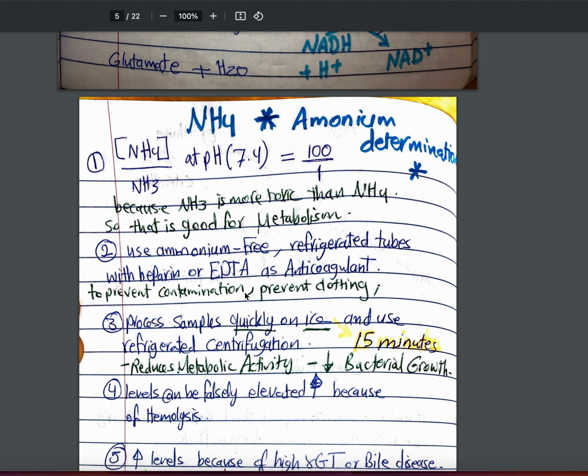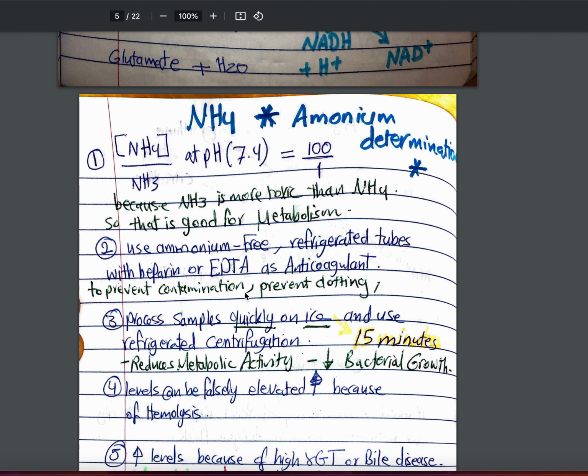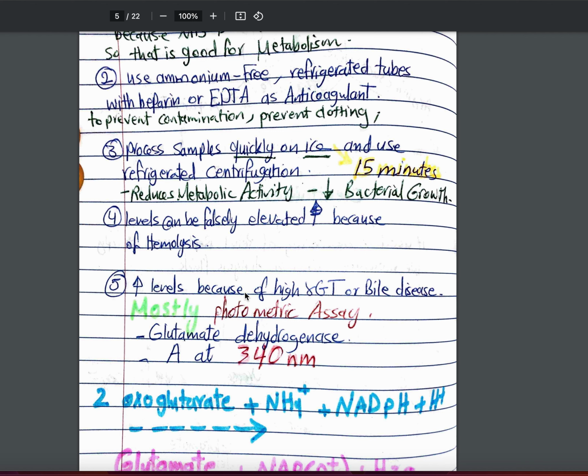Process the sample quickly on ice and use refrigerated centrifugation for 15 minutes, so that it reduces the metabolic activity and the bacterial growth, because we don't want the urea to act. Otherwise it leads to falsely elevated results because of hemolysis, and also an increased level of GGT or bile disease.